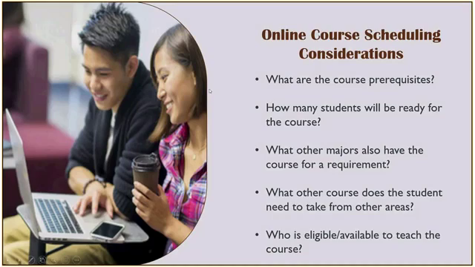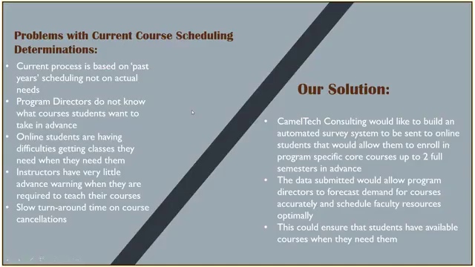So I'll get into our next thing, which is problems with the current process of course scheduling. Some of these problems came from us as a group, our own experiences with online course scheduling, and some other people that we've talked to, other students that we know. This is just some of the data that we gathered talking to friends or from personal experience. So the current process is based on past years' scheduling, not on actual needs. This is previous years' data.